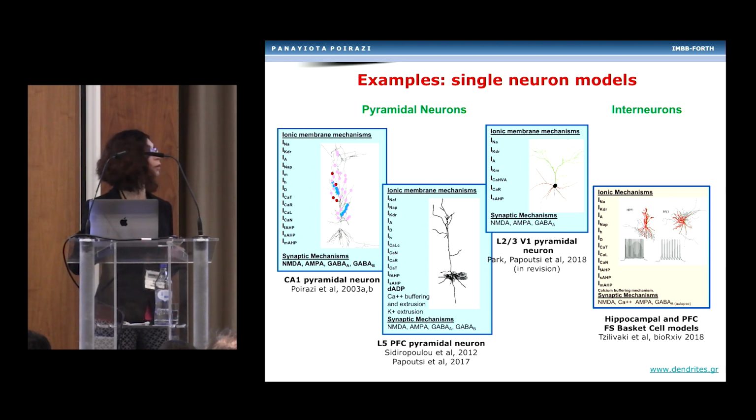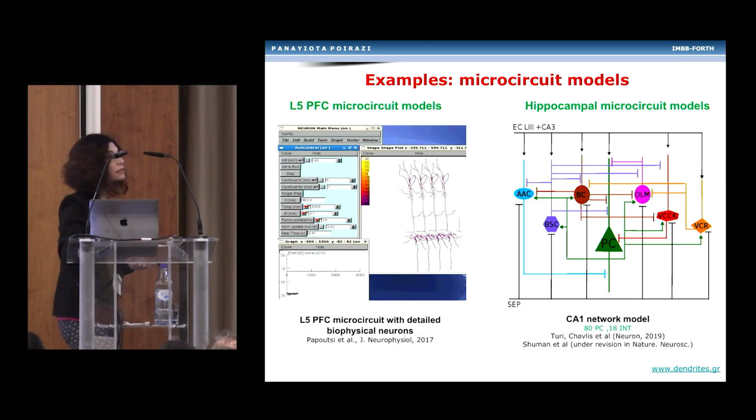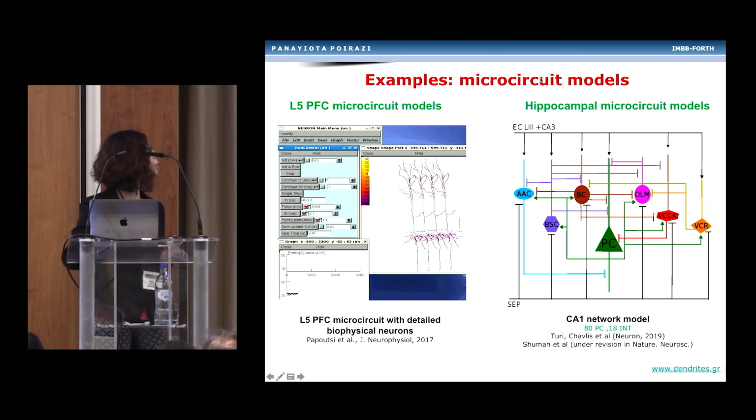Recently, we also developed models of interneurons in the PFC and the hippocampus at the single cell level. We also have models that operate at the microcircuit level, so they consist of a few neurons, either detailed in their morphology or reduced in their morphology, connected into small microcircuits of a few hundreds or tens of cells.